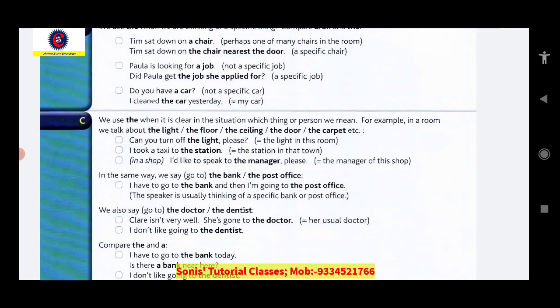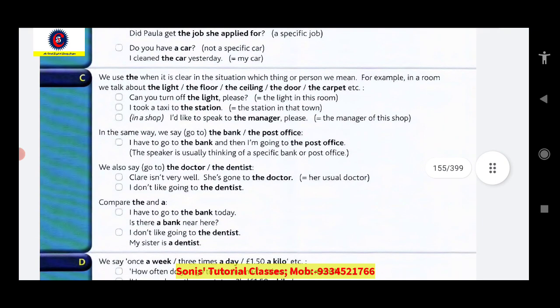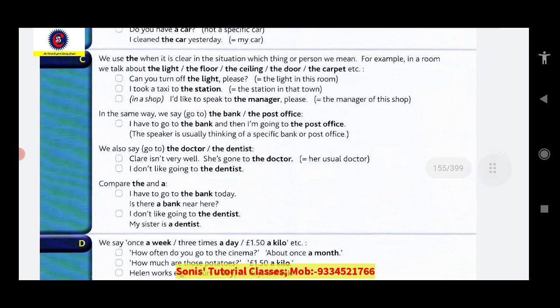Because when we say go to the bank, we mean some specific bank that we have an account with, or we go to the post office that is generally nearest to the area. We also say go to the doctor, go to the dentist. Why do we say this? Because it is quite clear that we are talking about a particular doctor, or it is clear which doctor we are talking about.